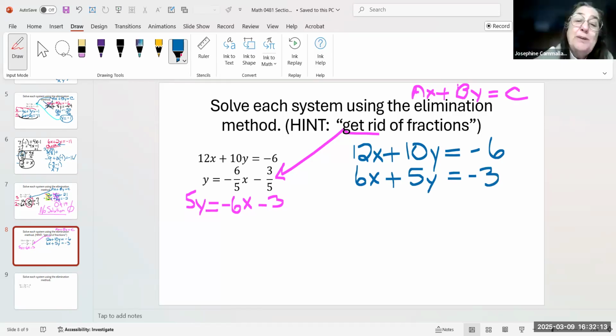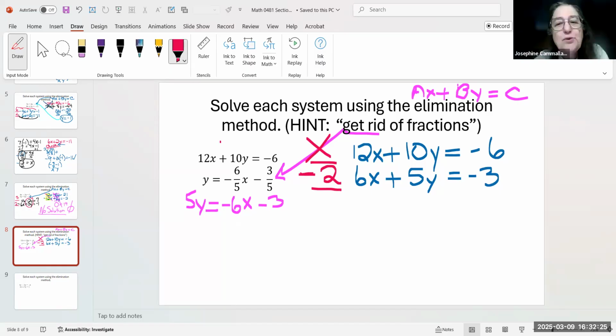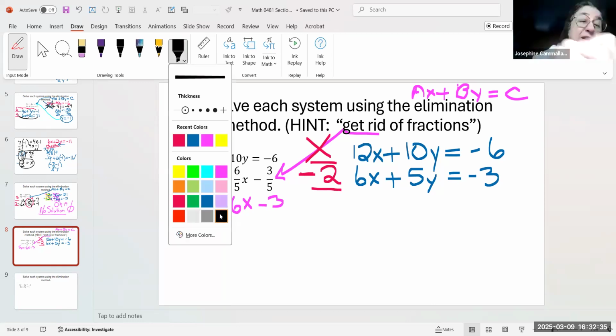I'm going to put blanks here, but I'm not going to do anything with the top one because if I multiply the bottom one by negative 2, because remember, I have to have opposite signs to eliminate. So that means my bottom row is the only row that's changing.